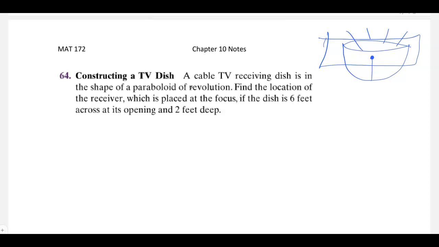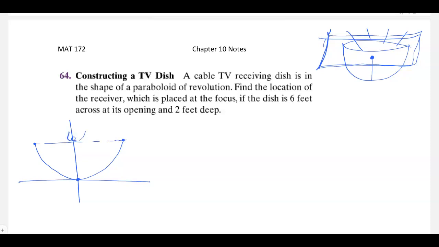We could take that picture, take that cross section, which would be if we were to cut out just a little sliver here where that focus would be, and we can put that on the Cartesian plane. Now, if we want to model this, it's going to be easier if we model this so that the quadratic opens up and is centered at 0, 0. So we know some points.